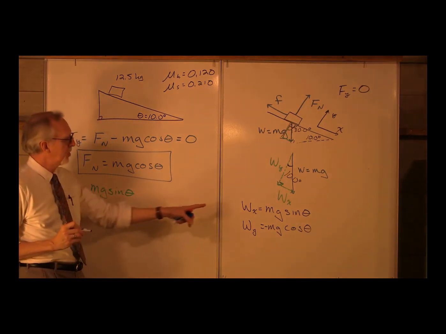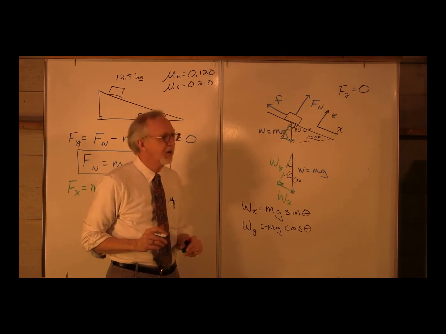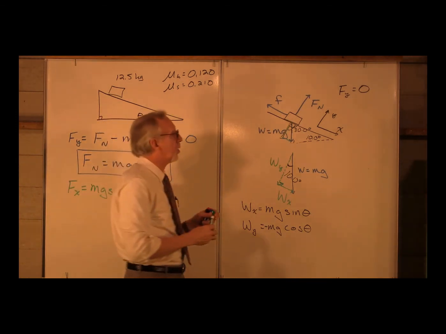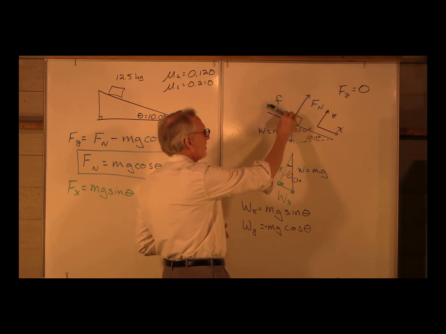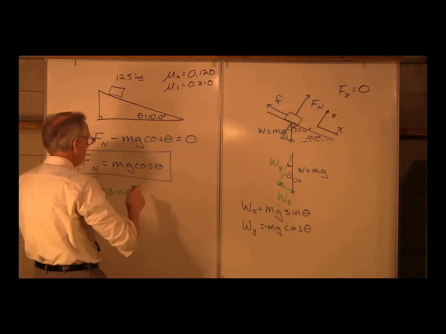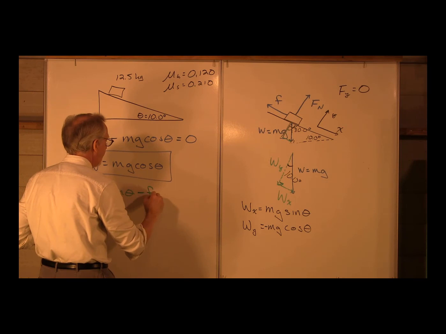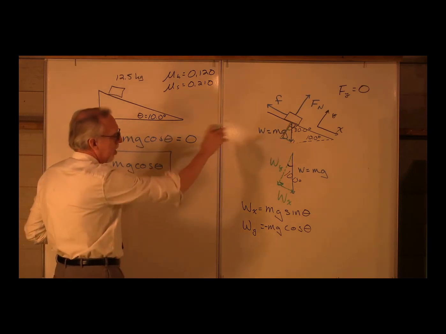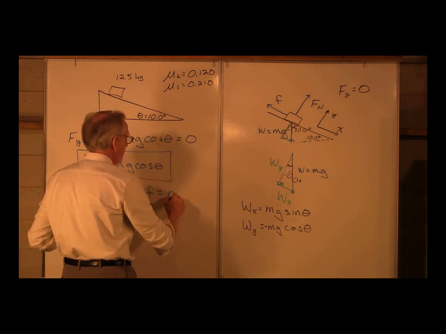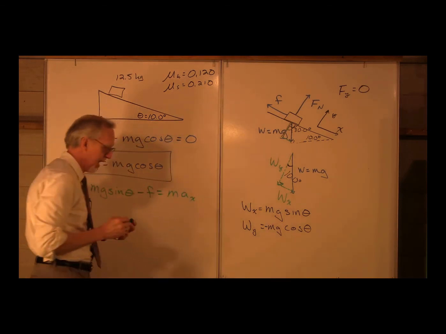That's the x component of the weight. And then what about the frictional force? Well, the frictional force is completely in the x direction, going in the negative x direction. So we need to subtract F from our x forces. There we go. And this must equal, those are all of the forces, this must equal what? This must equal max.